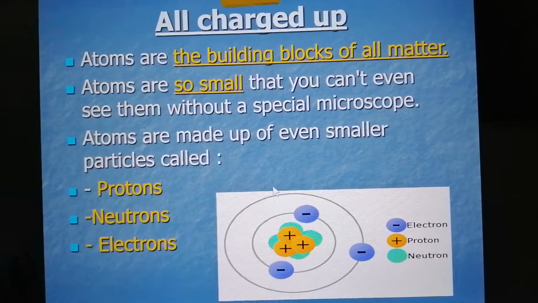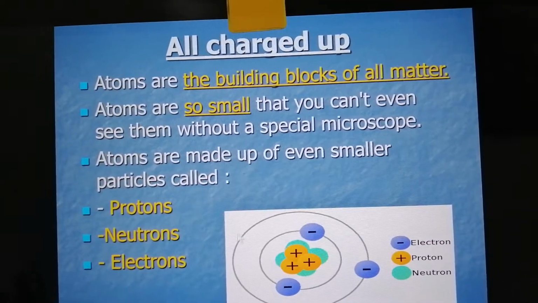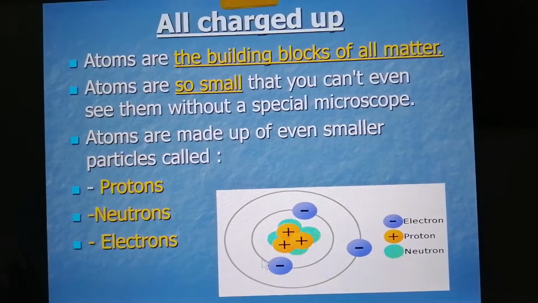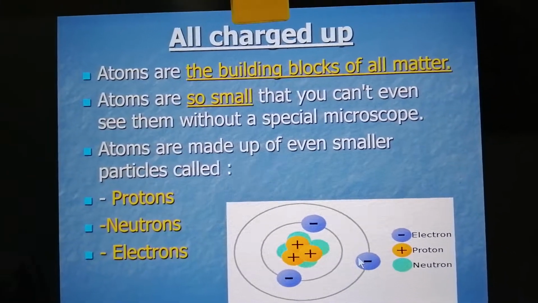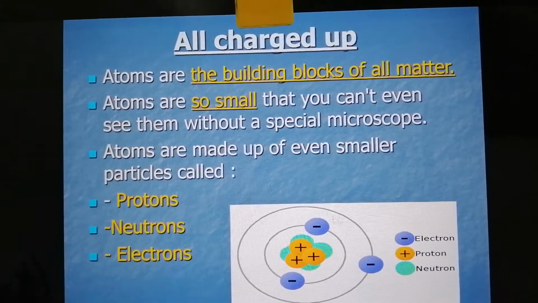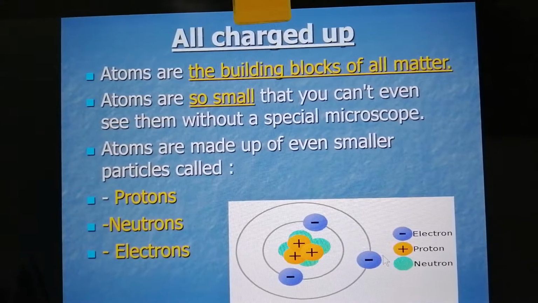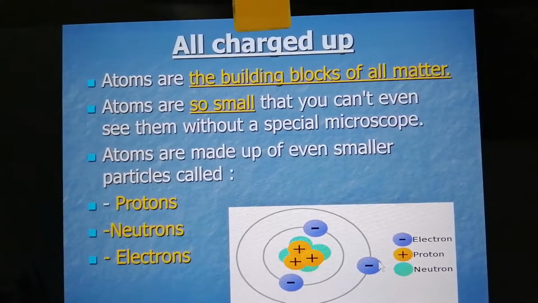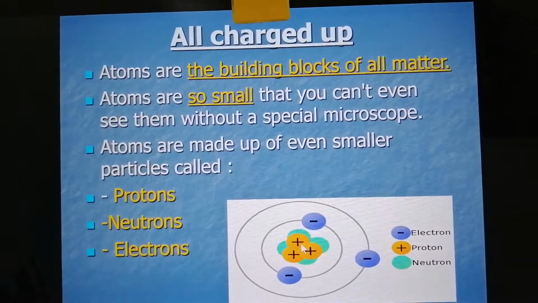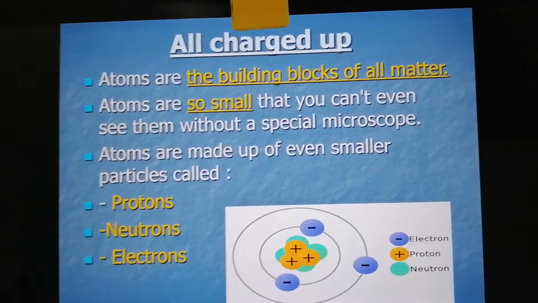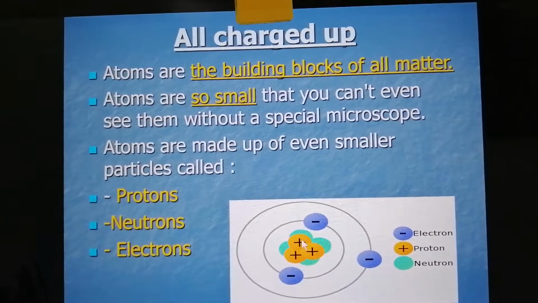If we took one atom and started to study it and know what it is made of, we will find here, in the outer layer, something called electrons. Inside, in the middle or in the center of the atom, we have two kinds of particles.